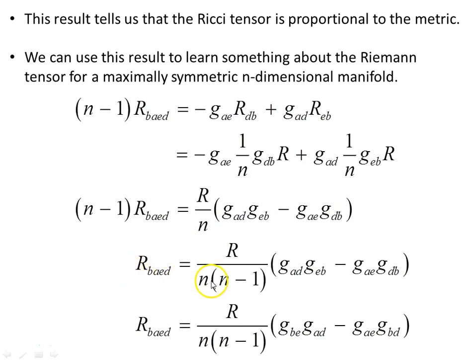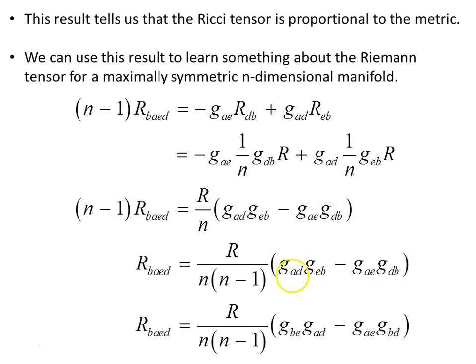Now divide through by n minus 1, so we have the curvature scalar divided by n times n minus 1, times this product of metrics, g a d, g e b, minus g a e, g d b.